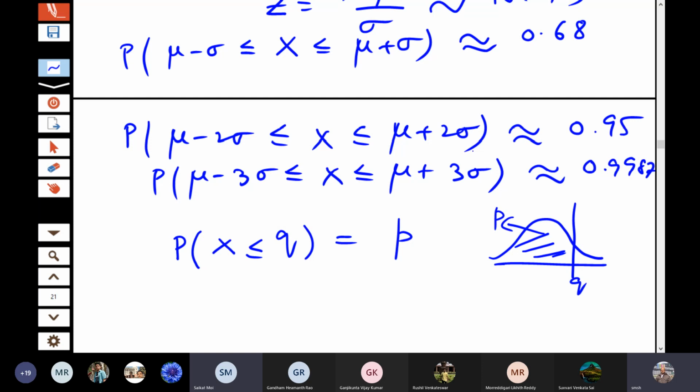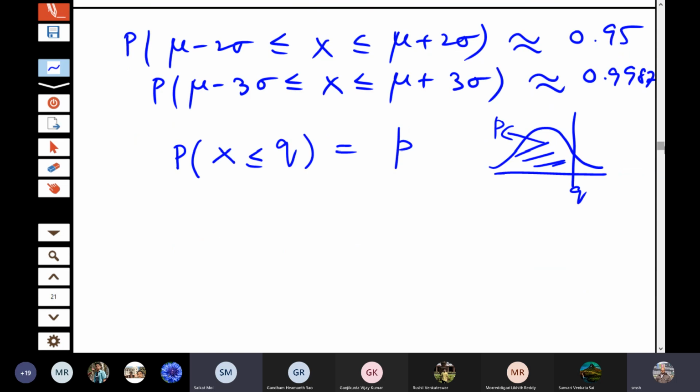We would like to estimate such cutoff points. In a given problem, we would like to find these cutoffs. So in general, if q is a cutoff such that the probability p is attained, then what does it represent? Let us look at the interpretation of this.